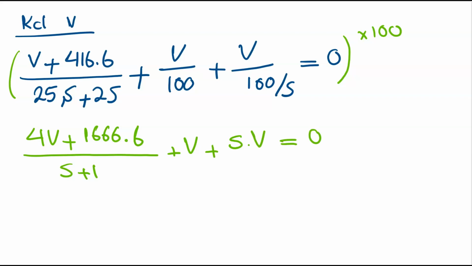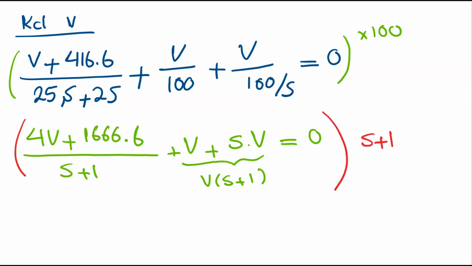In the next step, I'm going to describe these two as V multiplied by S plus 1, and then I'm going to multiply everything this time by S plus 1 to get rid of the denominator here.